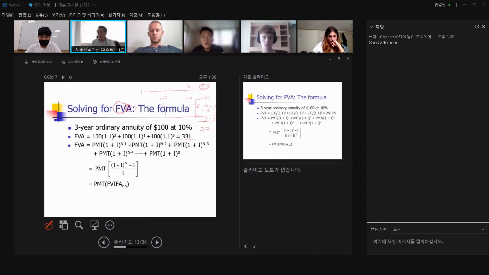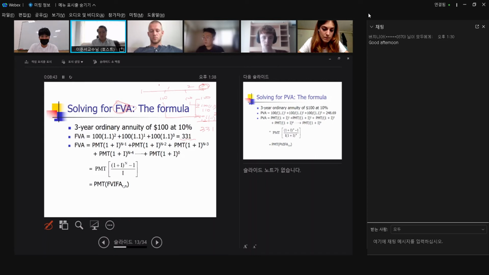So we can calculate this one by using this kind of manual method if the period is only 3 years. But what happens if the period is 100 years? Or if we compound every month, then 1 year has 12 months.